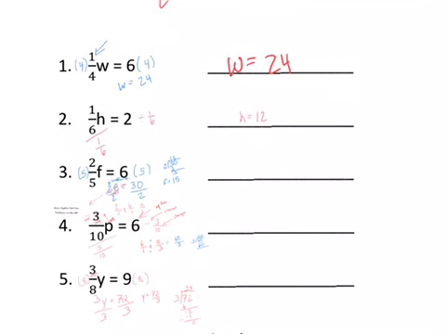Number 3, F equals 15. For 4, P equals 20. And for 5, Y equals 24.